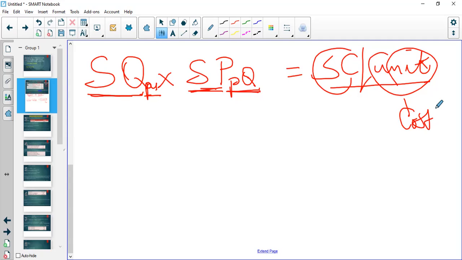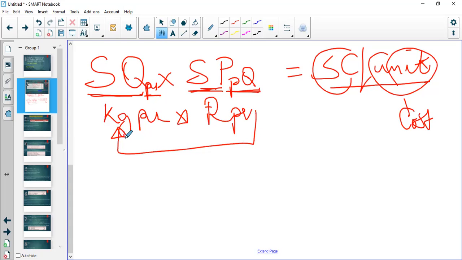Right, so one of the rules that are very important, which I repeat many times in my class, is the units of measurement. All right. So if your standard quantity, let's say whatever you are making, is kilograms per unit, right, then your standard price needs to be rands per kilogram. All right.